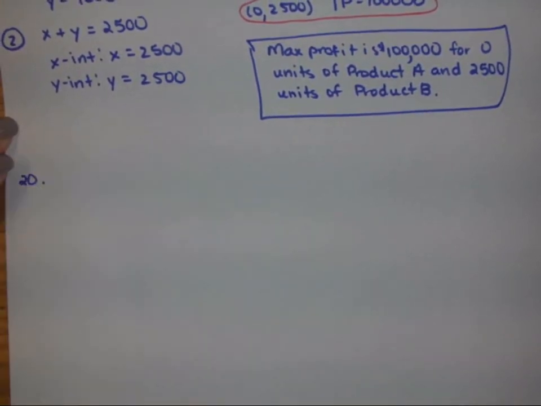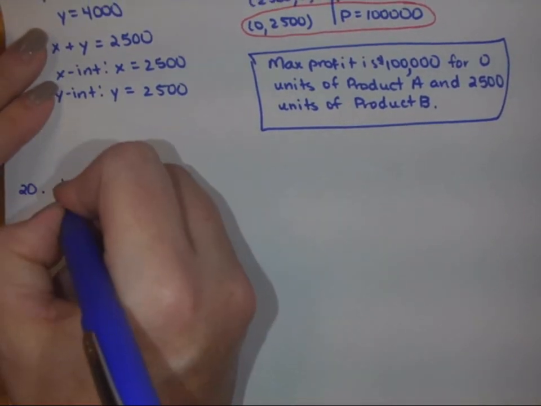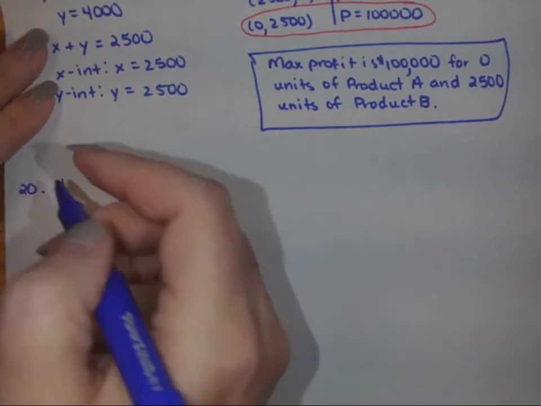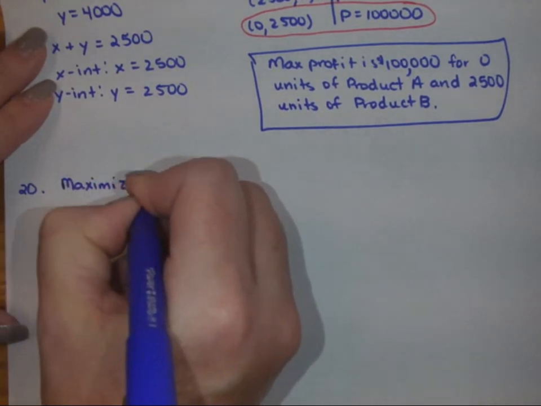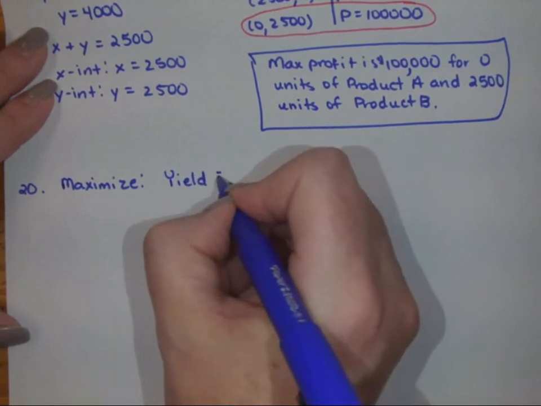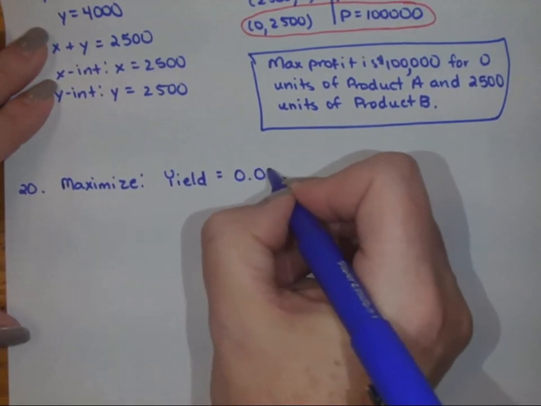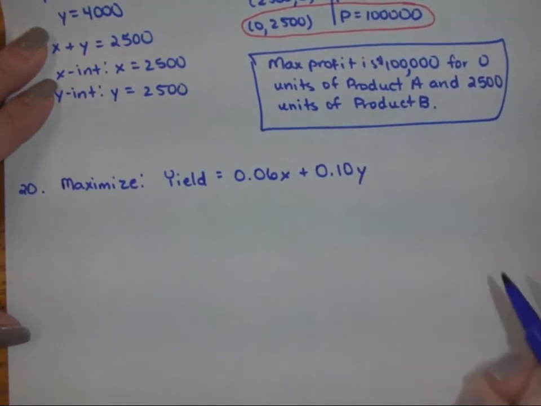Okay, so last but not least, and we're going to try to squeeze it in. We want to maximize yield. Yield is just interest, or how much the account yielded. So the yield equation is going to be 6% for the bonds, and then 10% for the stocks.